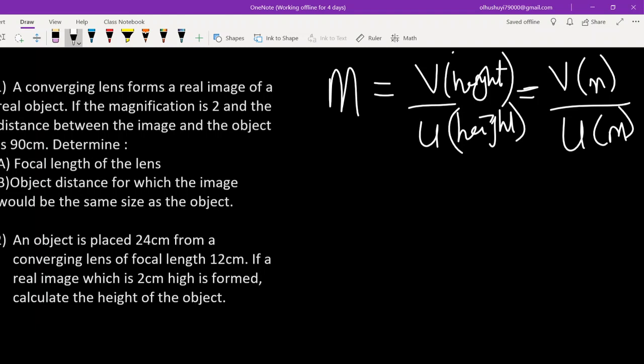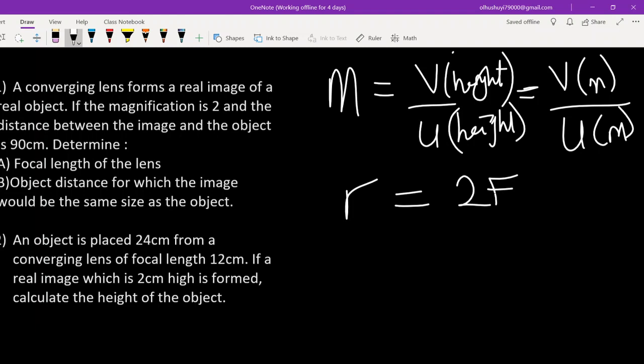You get? Now quickly, you should also know that your focal length is half of the radius of curvature. That implies that your R is 2f, where f is the focal length.